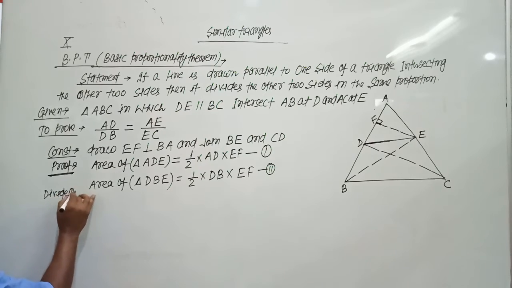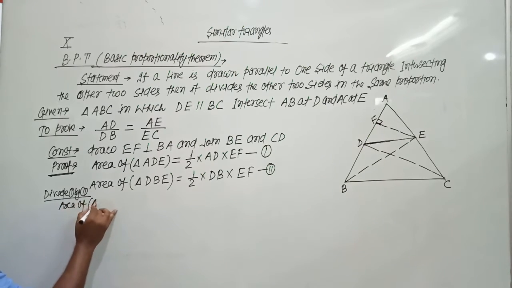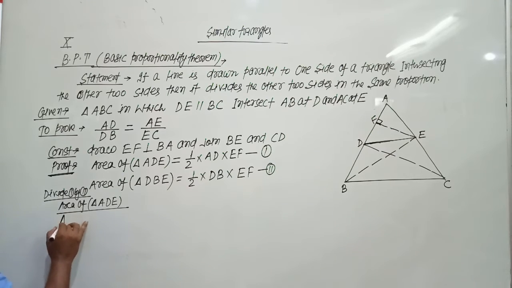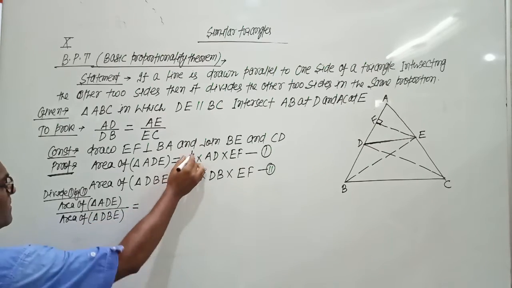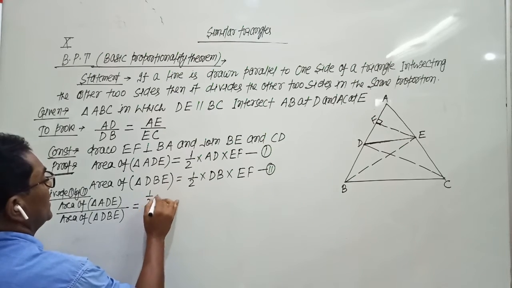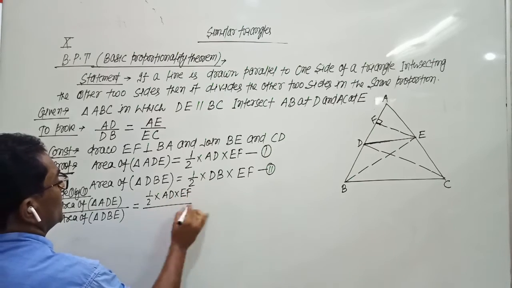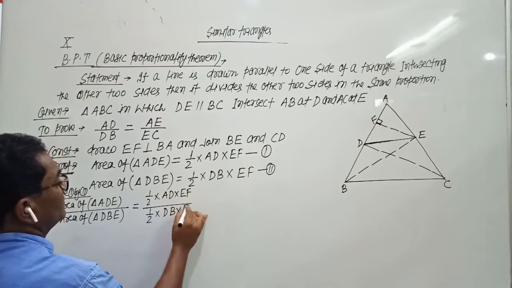So area of triangle ADE upon area of triangle DBE equals half into AD into EF upon half into DB into EF.